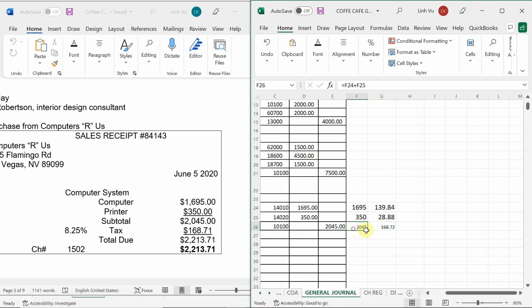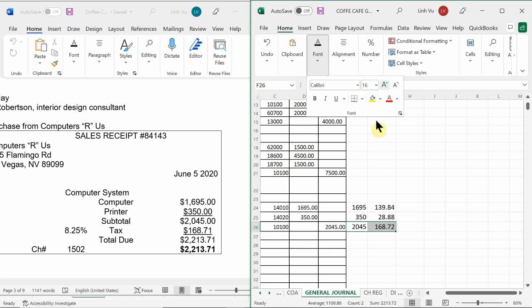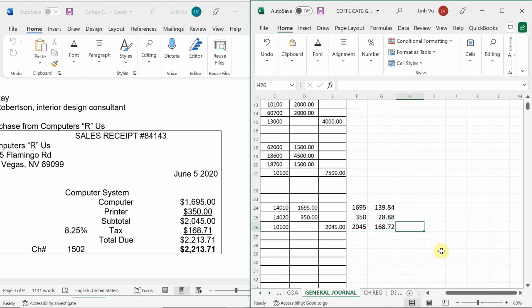Now let's take a look at the tax here. If I do that, my tax is actually too much, right? I have a tax of $168.72. Can I have that, because did I pay 2013.72?